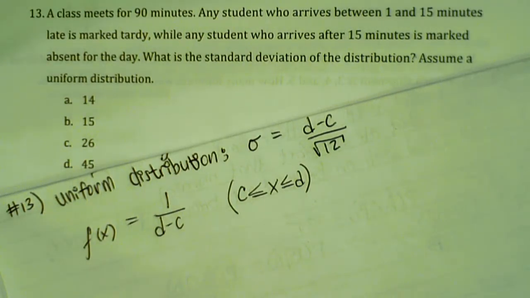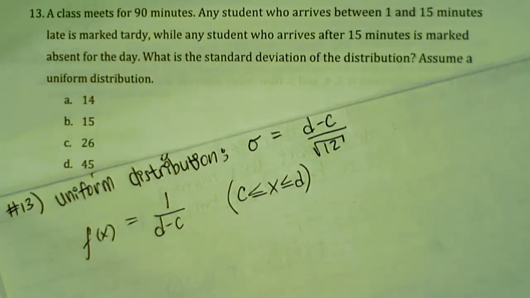Like, how many minutes would be the least minutes that you can come in to class, or how many minutes would be the most? 1 is the least, 15 is the most. So that would be in terms of tardiness. But in general, if the class meets for 90 minutes, 90 would be the latest you would be. So then what would be the least? A minute? It would be, I guess, right on time, so it would be 0, right?